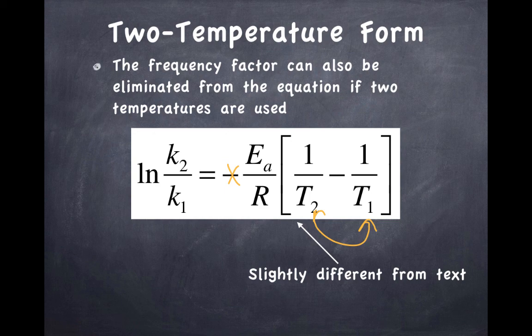You have K2 over K1 and T2 minus T1. To me, that's just easier to remember, so that's why I like this version a little bit better. Either of them will work. Mathematically, they're identical. But when I teach it, I like to teach the K2 over K1, and then inside those brackets, T2 minus T1. They're easy to confuse, so you want to make sure that you get them in the right order.